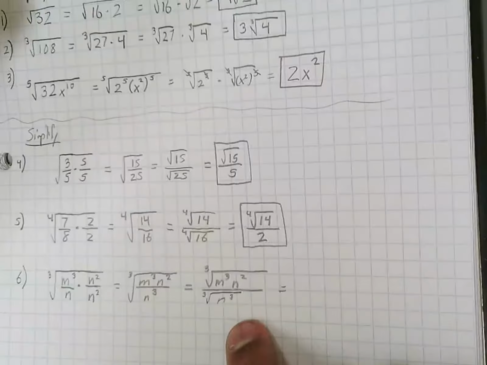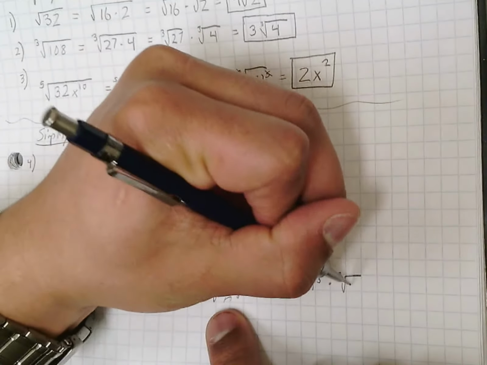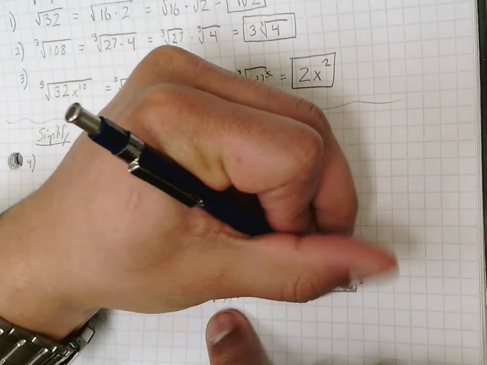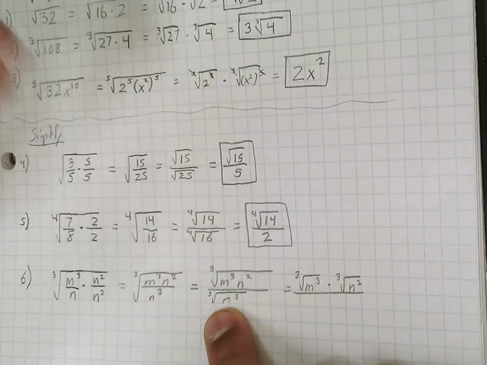And now we see, okay, in the numerator I have the cube root of m cubed times n squared. Well, that's a product, so I actually want to use the product rule here. So that's the cube root of m cubed times the cube root of n squared divided by, well, down here, the cube root of n cubed is just n.